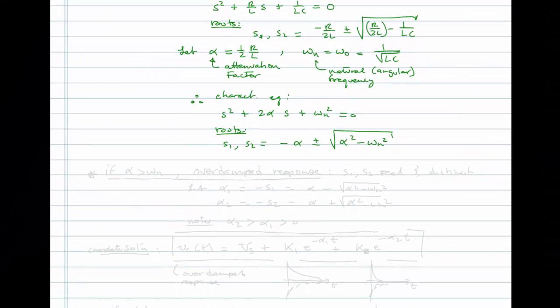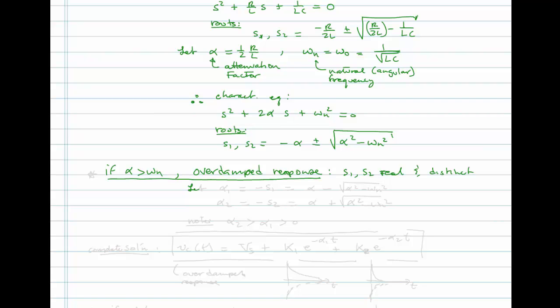Now we had to consider several cases. We had the case where alpha was greater than omega n, which is the overdamped response. In that case, S1 and S2 were real and distinct.